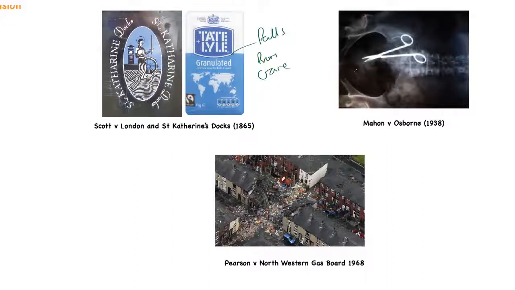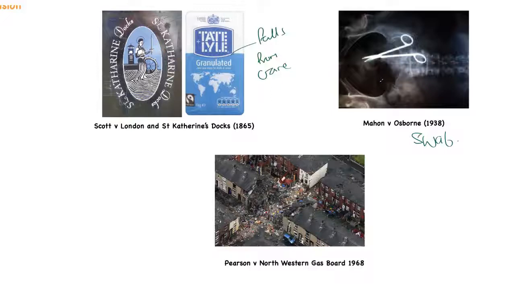In fact, what had happened is a swab had been left inside his body. Now, I've got a pair of forceps here, but the idea is in Mahon versus Osborne, it's a swab that's left inside his body, which caused an infection. But there are cases where other medical instruments are left inside patients' bodies. The court stated that res ipsa applied as a swab is not left inside a body unless someone has been negligent.